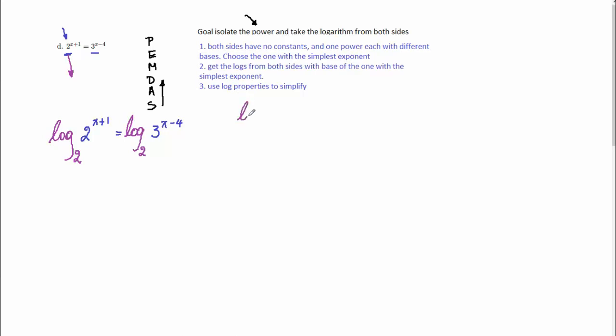The power rule says that if I have the log with base a of x to the k, this is nothing else than k times log with base a of x. So this is the one that I will use for both sides of my equation, since I have powers on both sides. So now I get x plus 1 here on the left side.